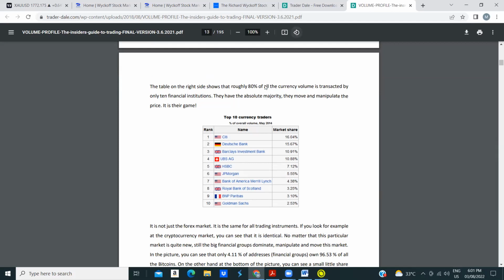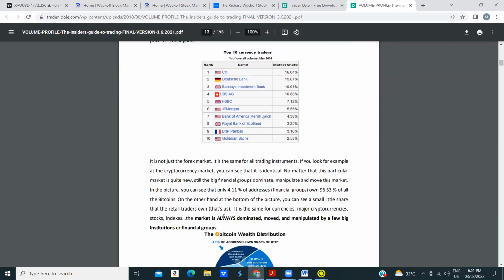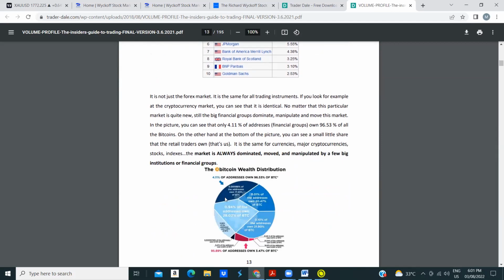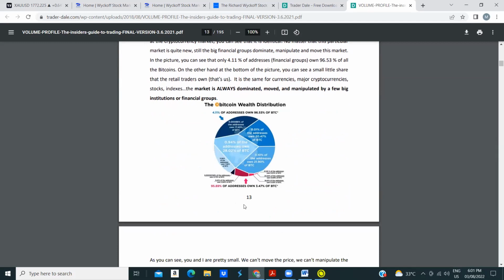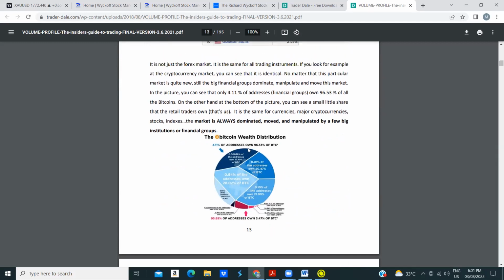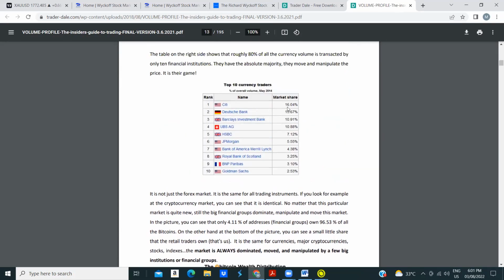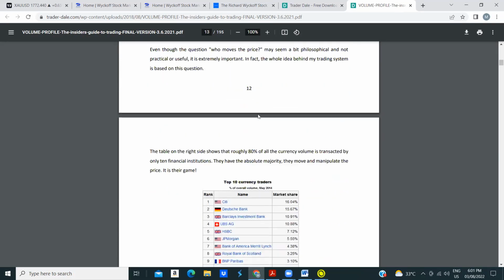Got it? And if you go further, he says the retail traders, the small people, only contribute less than 4.1%. Now compare 4.1% with 80% volume. So which way will the market move? Got it?